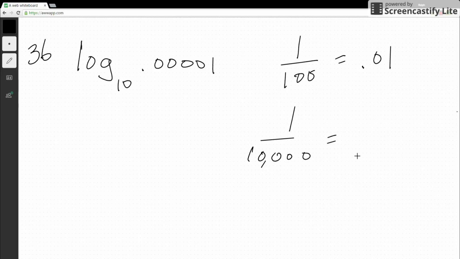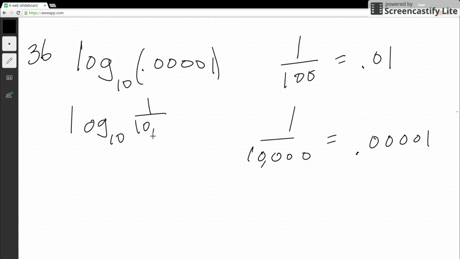That is 0.00001. So I can rewrite this value as 1 over 100,000, which makes my life a little easier. Then if I wanted to convert to a logarithm or exponential, I could do that.